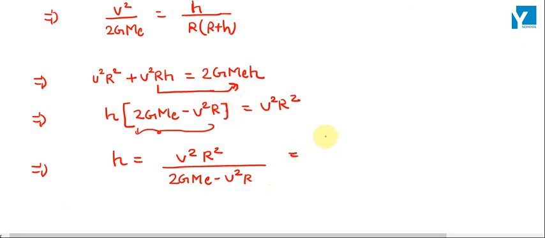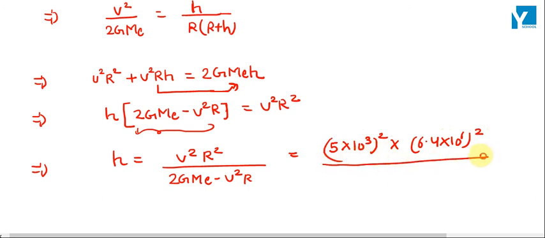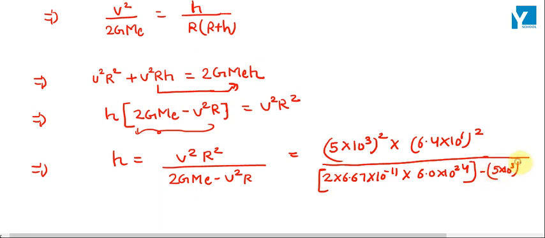Now we just need to substitute the values. v is 5 into 10 raised to 3 whole square into 6.4 into 10 raised to 6 whole square, divided by 2 times value of gravitational constant, which is 6.67 into 10 raised to minus 11, into mass of Earth, which is 6.0 into 10 raised to 24 kg, minus v square, which is 5 into 10 raised to 3 whole square.